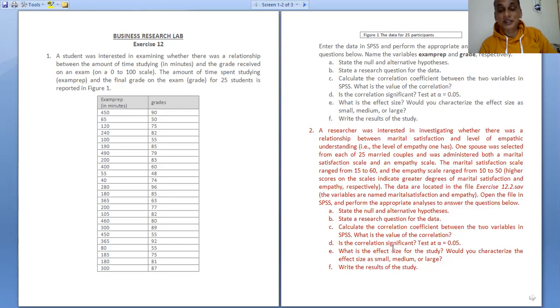So correlation is significant. Now coming to the E part, we are talking about the effect size of the study. Here the effect size is 0.558. The Pearson correlation value itself, or R value itself, becomes the effect size.